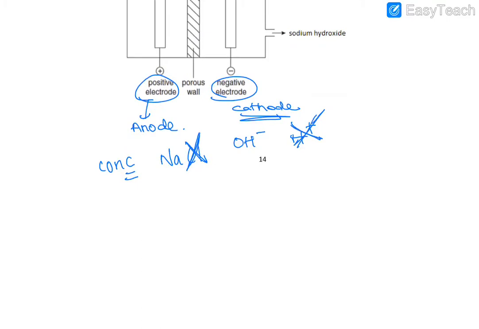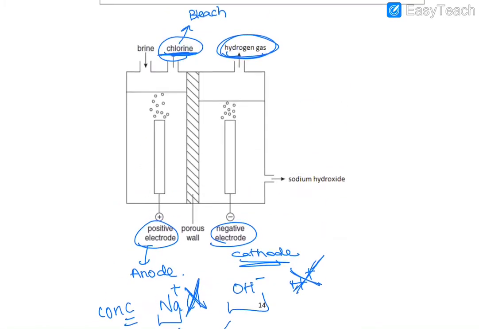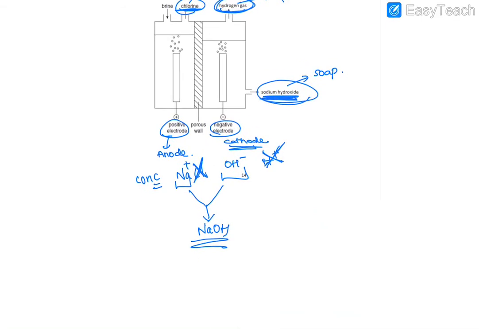So in the end, you have Na+ and OH- left in the electrolyte, and they form sodium hydroxide, which is obtained as a byproduct and is used to make soap. So these are the three products that you get from electrolysis of concentrated sodium chloride, which is called brine.